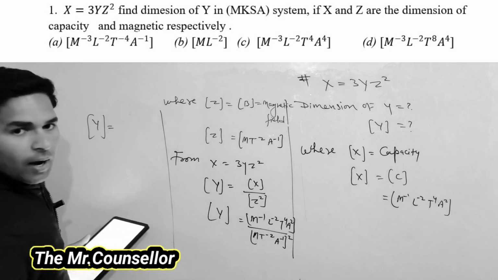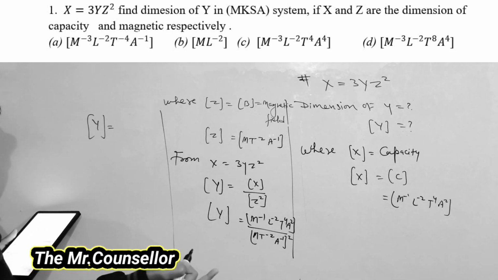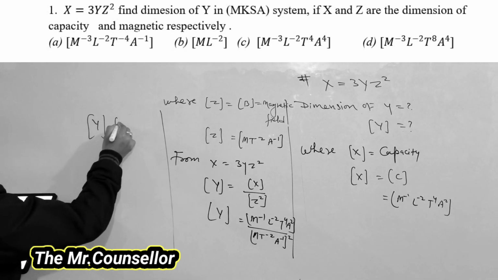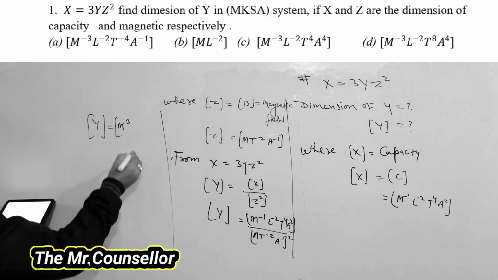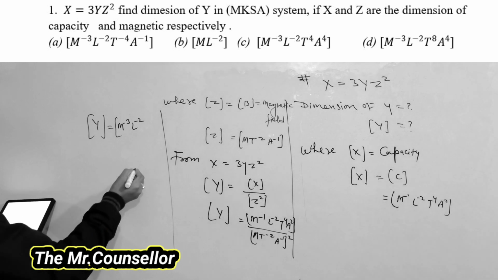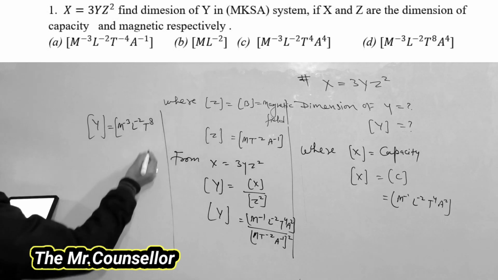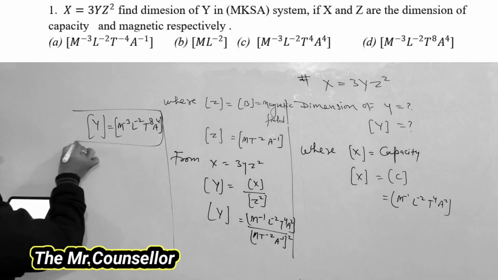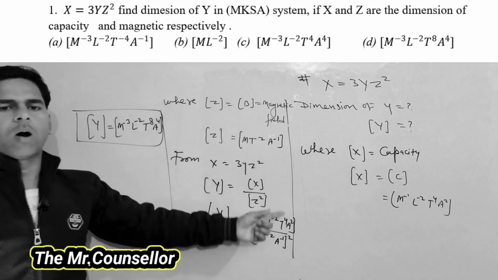You can just arrange this, and finally when you write it out, you will get the final answer: M minus 3 L minus 2 T power 8 A power 4. This is the final answer of this given problem.